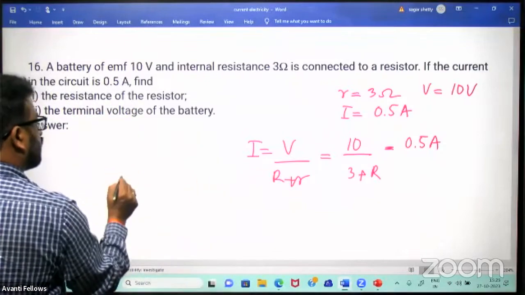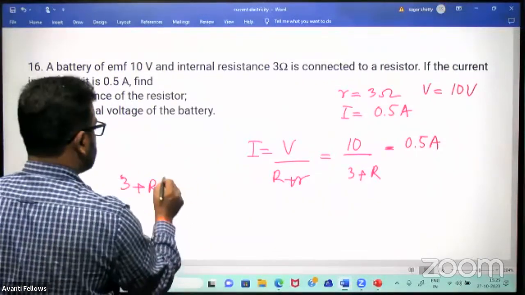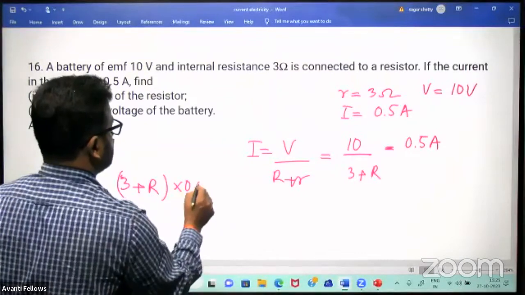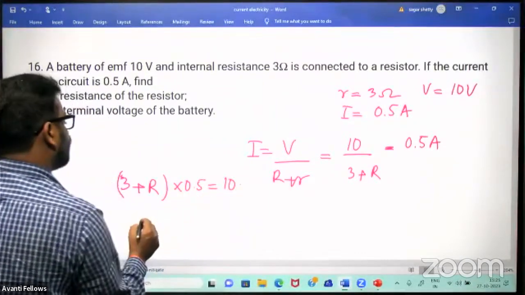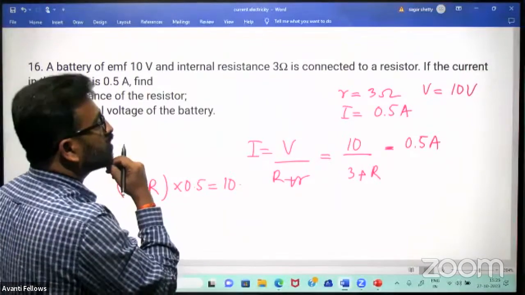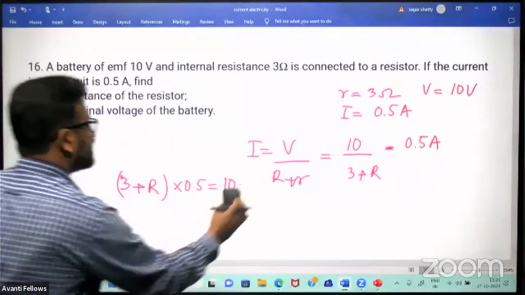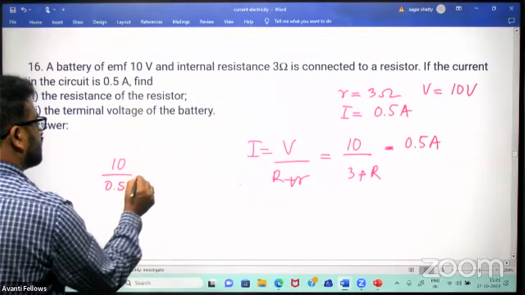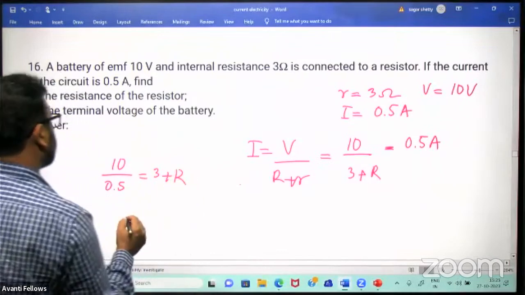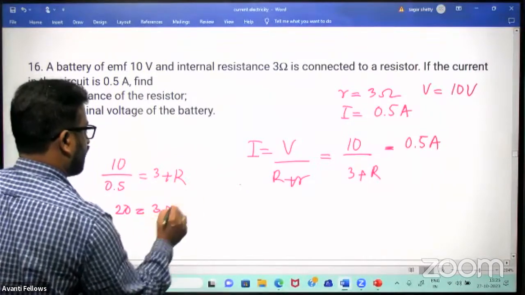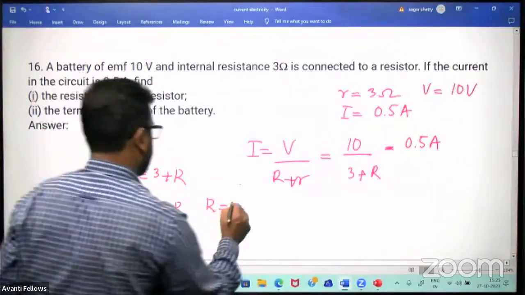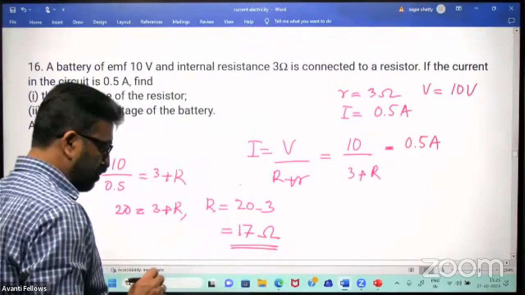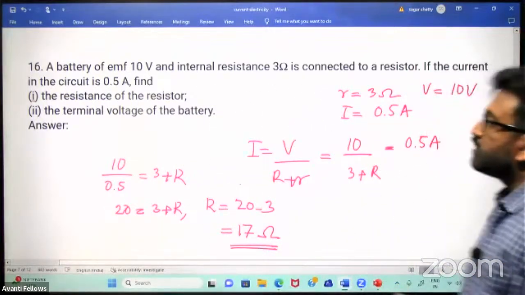Then 3 plus R is 20, so R is 17 ohm. That is the resistance of the resistor.